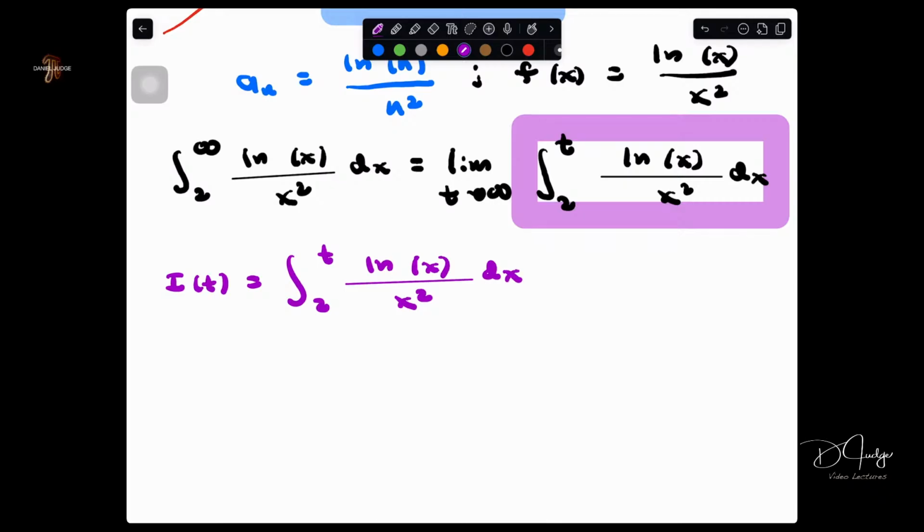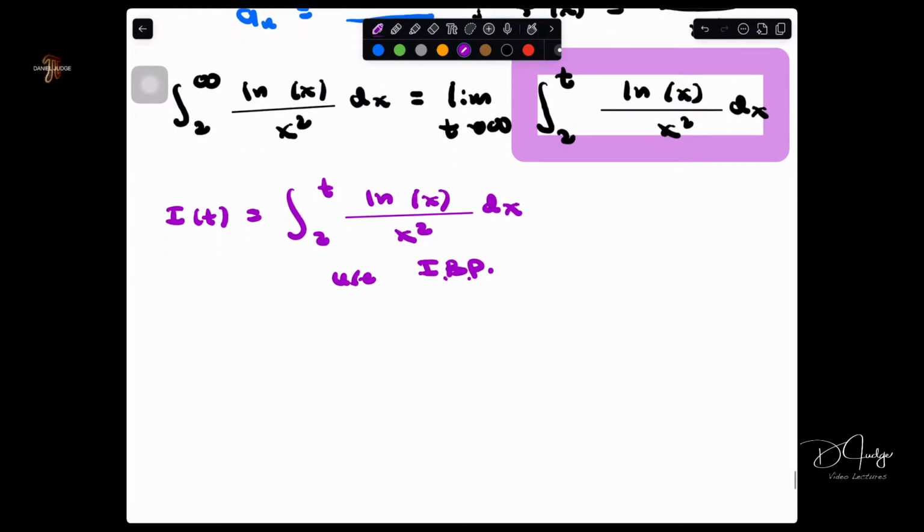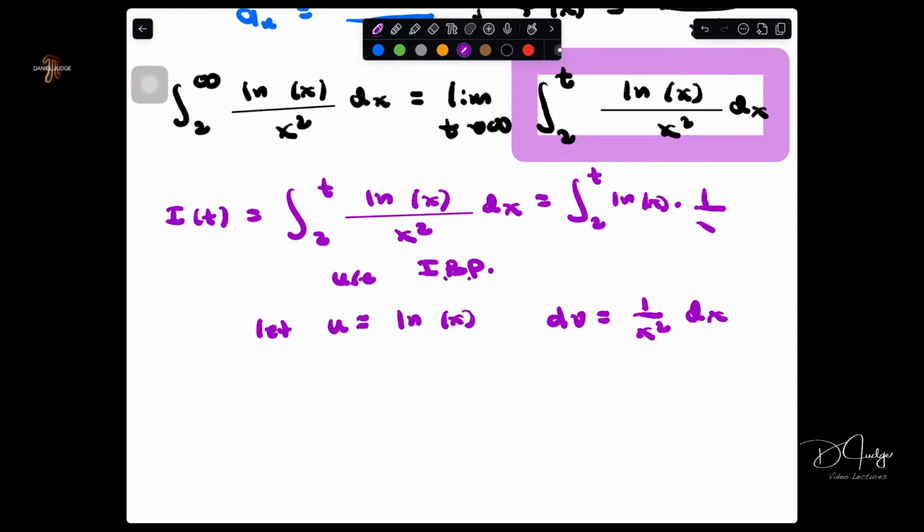Now, how to integrate here? We're going to use integration by parts, IBP. I'm going to let u be the natural log of x, and dv be 1 over x squared dx, because we're looking at this as a product here: natural log x times 1 over x squared dx.